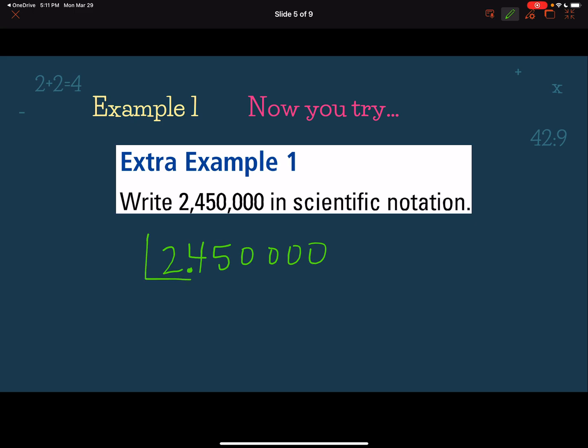I'm going to place that decimal in those non-zero digits. So that's going to be the first part of my scientific notation number. That's my factor. And then I'm going to count the number of spaces to make it back to its original form. And that number becomes my exponent for scientific notation.